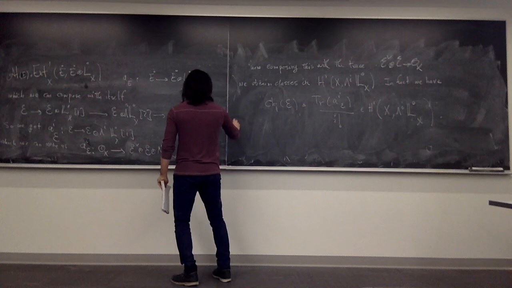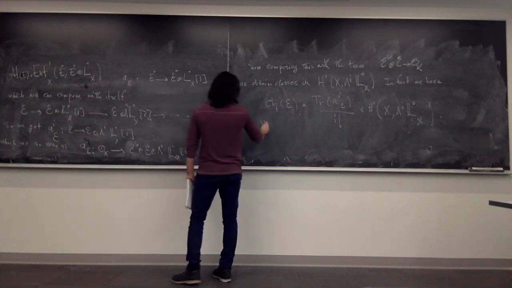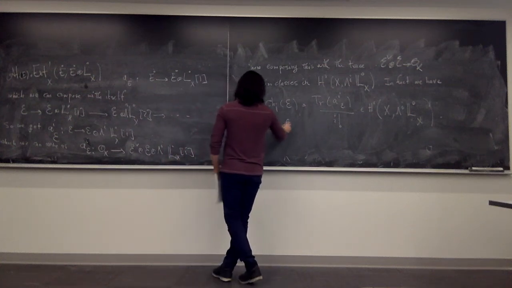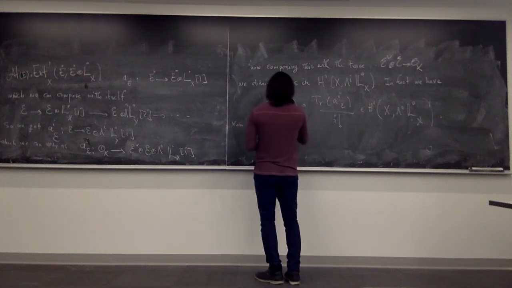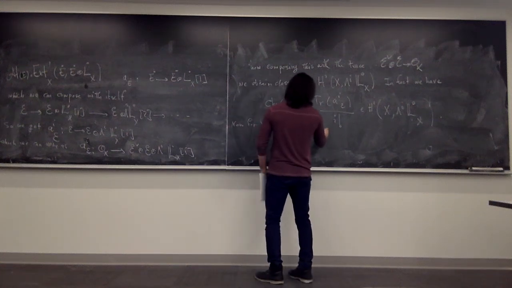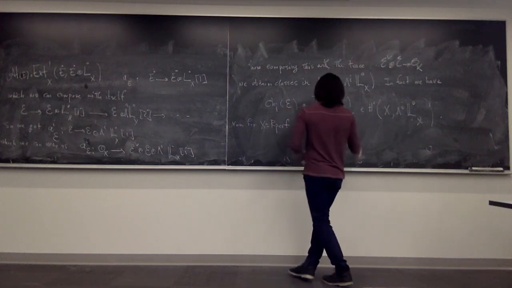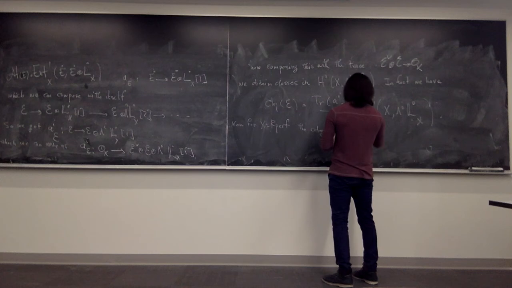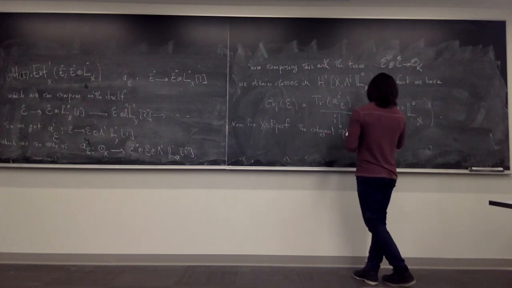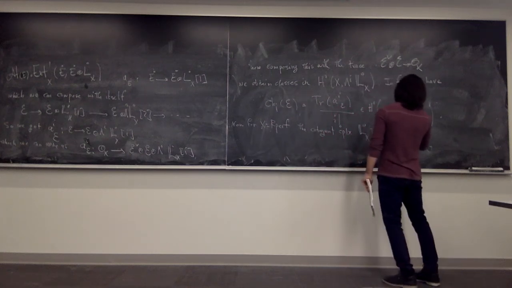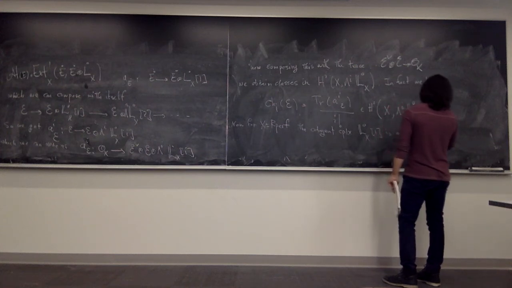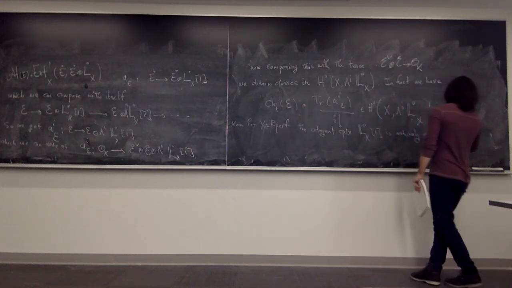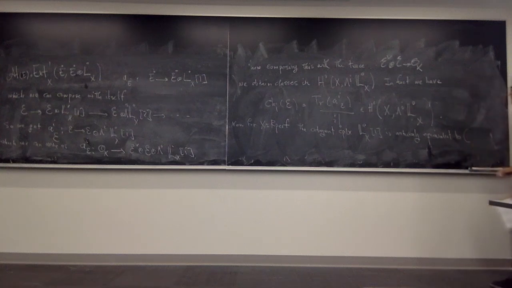Now for X equal to R curve, the cotangent complex L dot of X shifted by 1 is naturally equivalent to, well, the tangent complex of R curve was A shifted by 1.